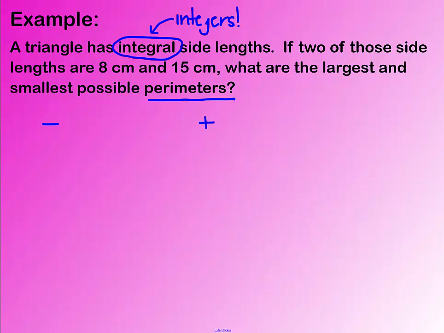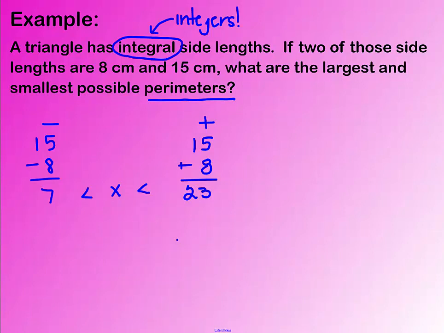So the first thing I'm going to do is find the range of the third possible side. So I'm going to do my minus and my plus. I'm going to get 15 minus 8, and I'm going to do 15 plus 8. 15 minus 8 gives me 7, and 15 plus 8 gives me 23. The third side is going to be between those.